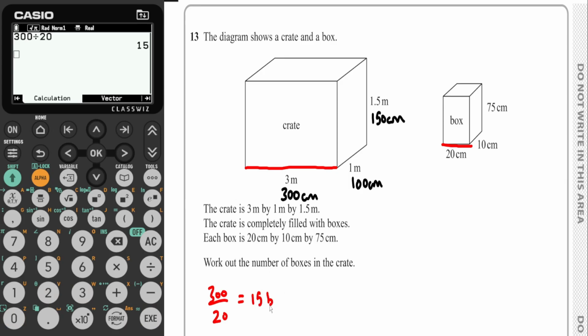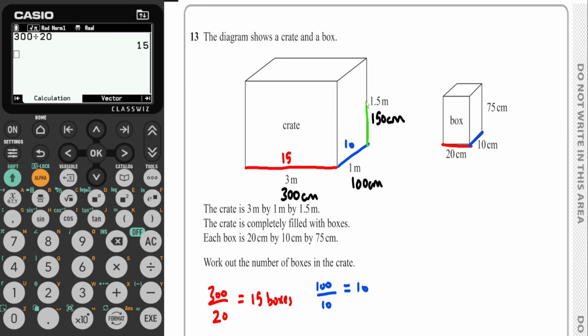So here we've got 15 boxes lengthways. For the width, we can do 100 divided by 10, which is 10. So we've got 10 boxes this way.